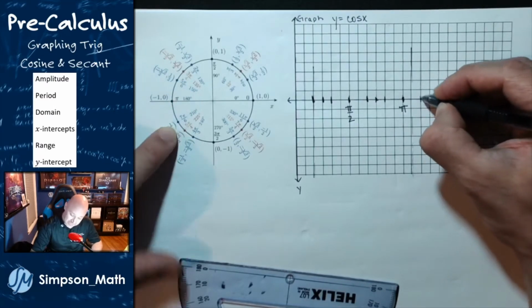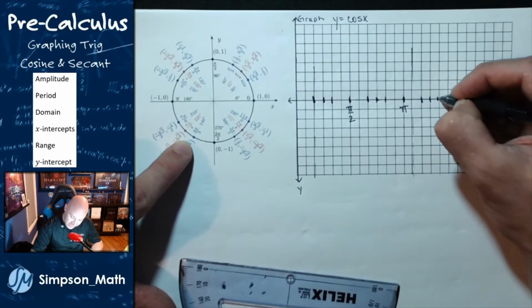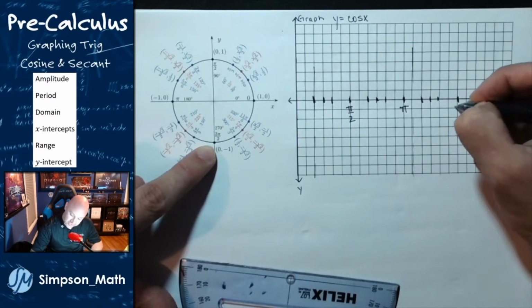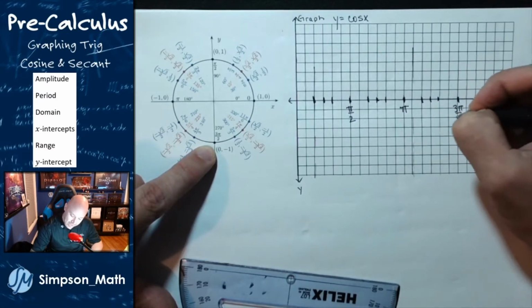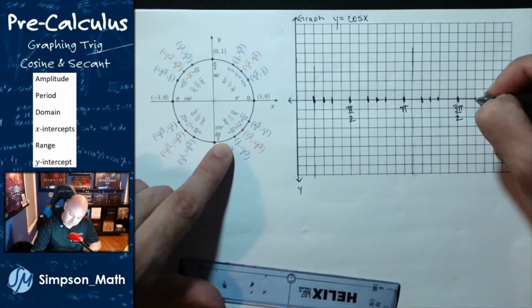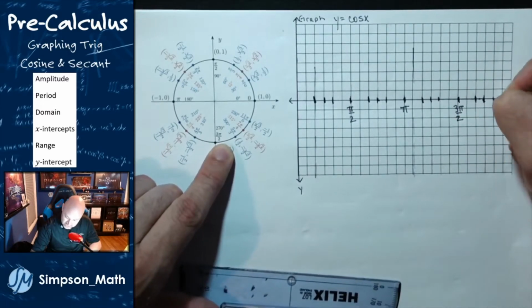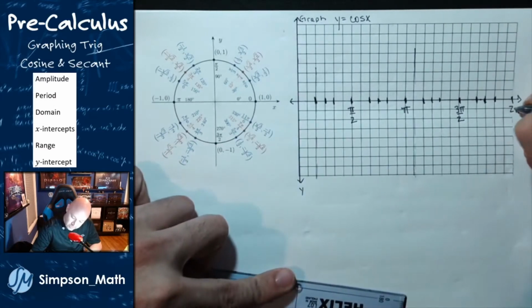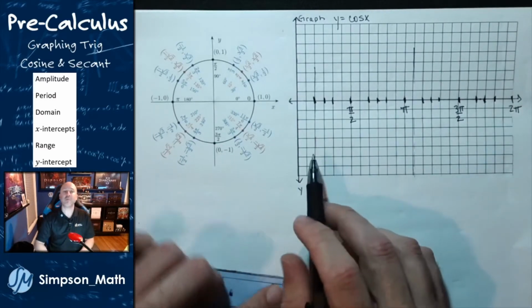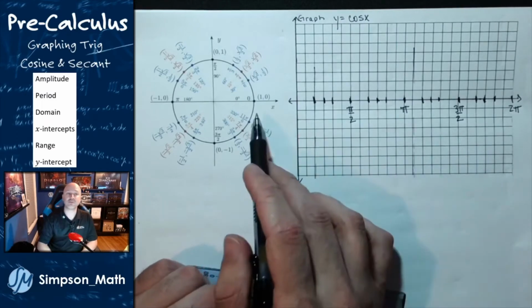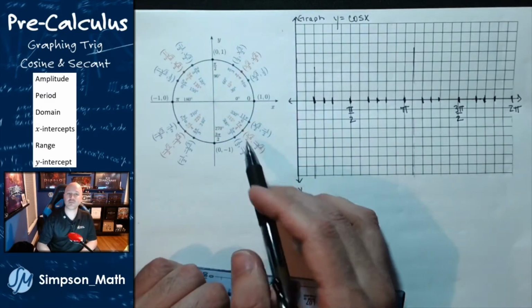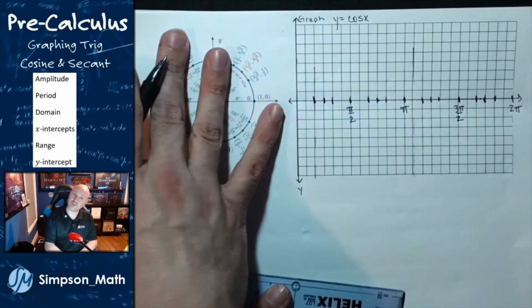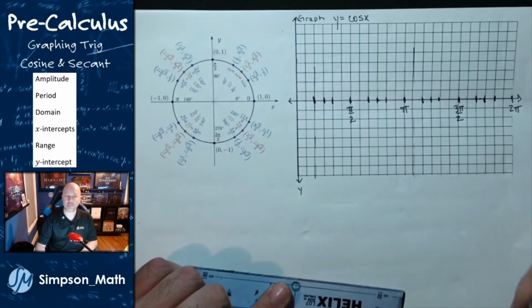Skip, dash, dash, dash, skip, dash is 3 pi halves, skip, dash, dash, dash, skip, dash, I'm up to 2 pi. This represents one full revolution around the unit circle. Of course, it continues in the negative region and beyond 2 pi.